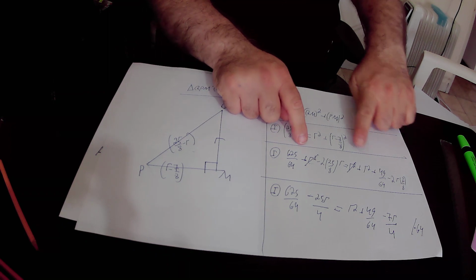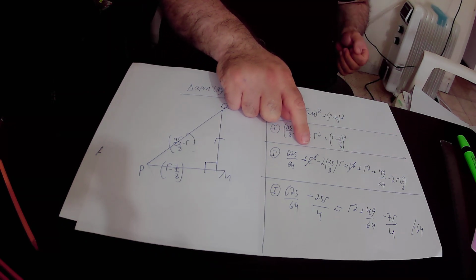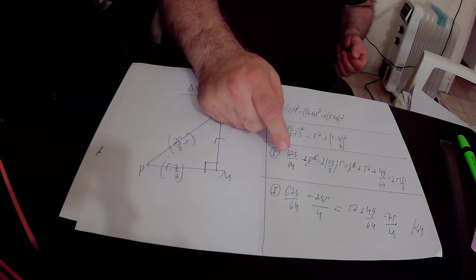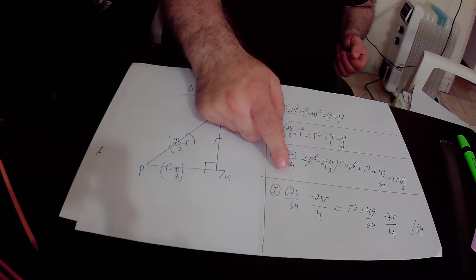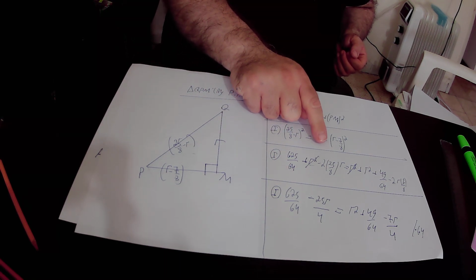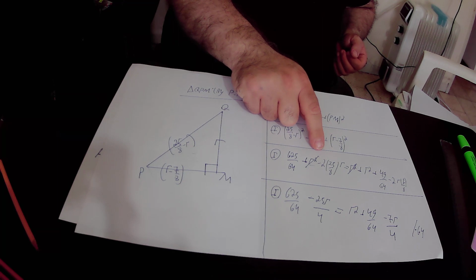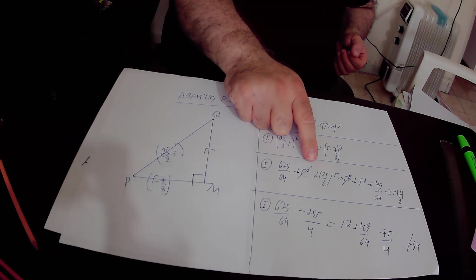Here we have r squared on both sides of equation number 1, so r squared gets cancelled, and on this side we are left with 625 over 64 minus 2 times 25 times r over 8. We divide both the numerator and the denominator of this expression by 2.